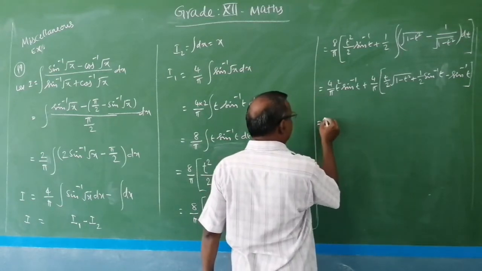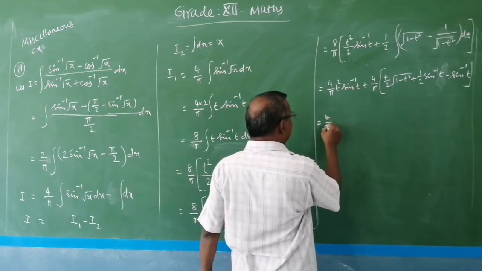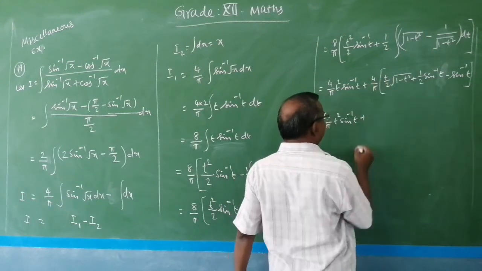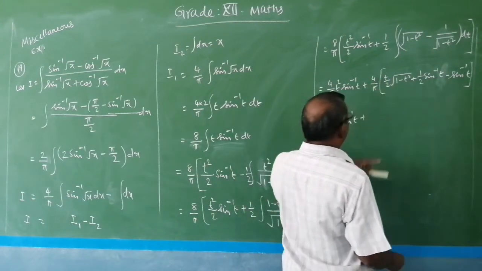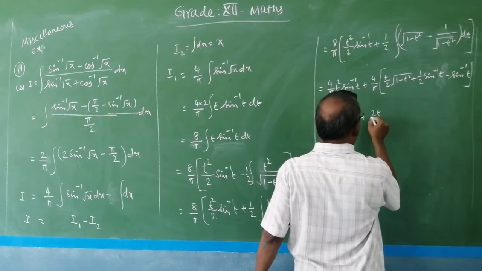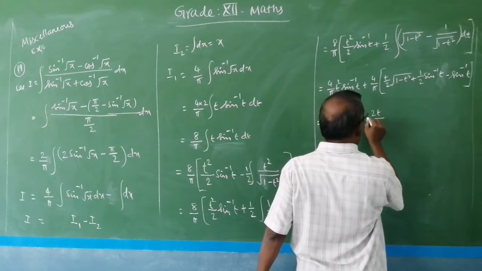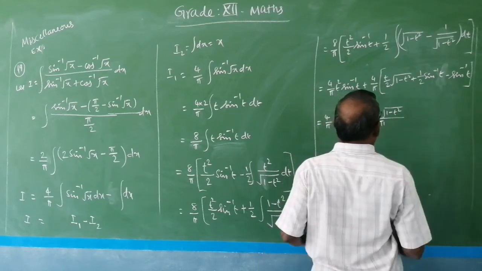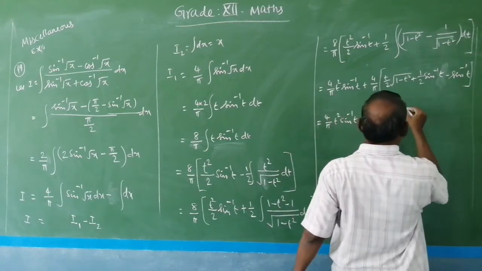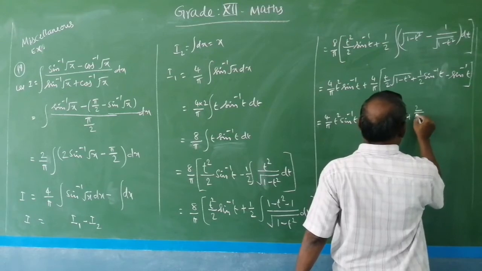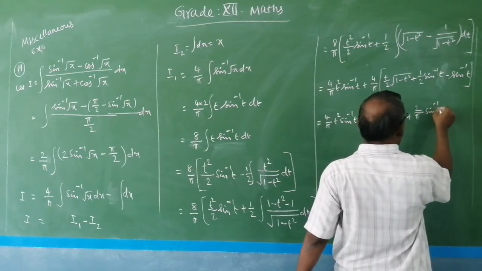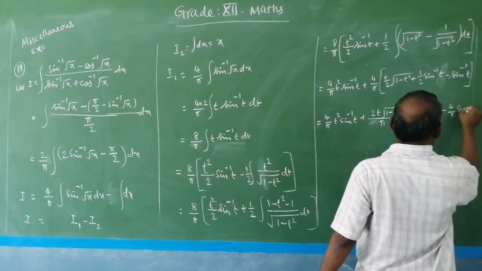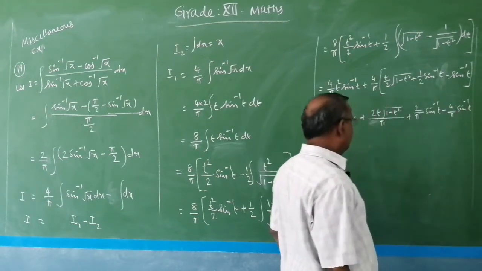Let us simplify this. This is equal to 4 by pi t square sin inverse of t plus, again multiplying this, 2t by pi into 2t into root of 1 minus t square divided by pi, and again plus 2 by pi into sin inverse of t and minus 4 by pi sin inverse of t.